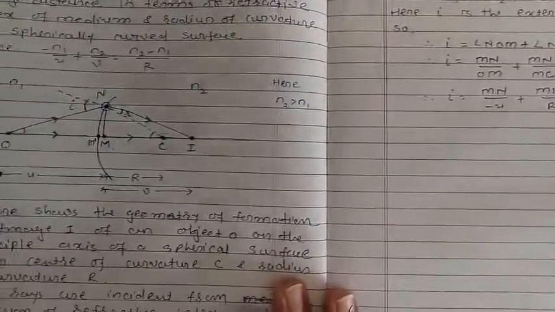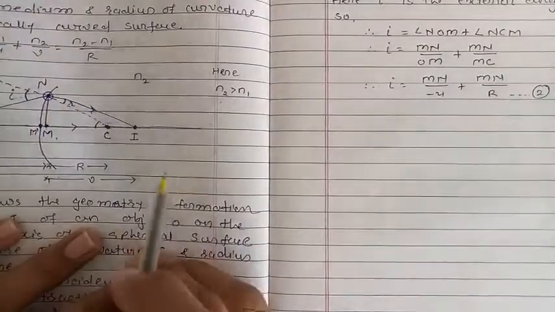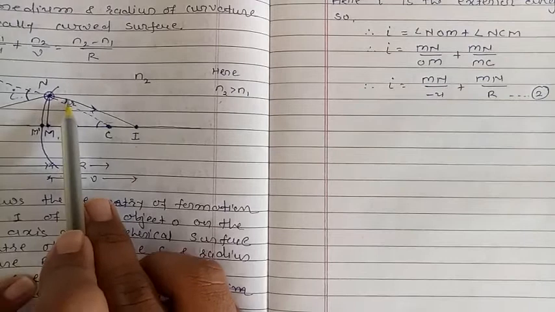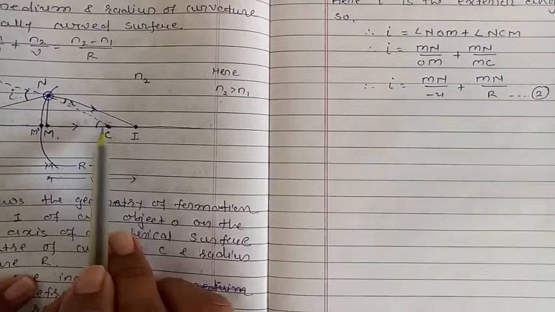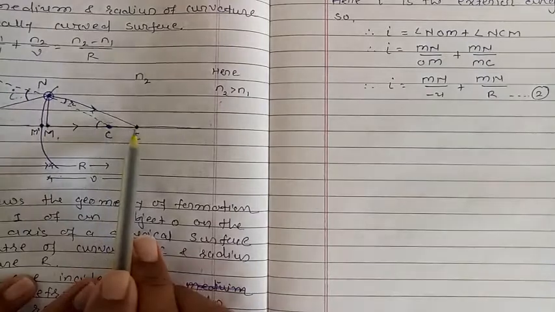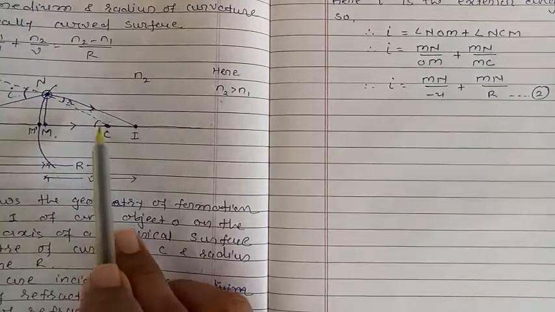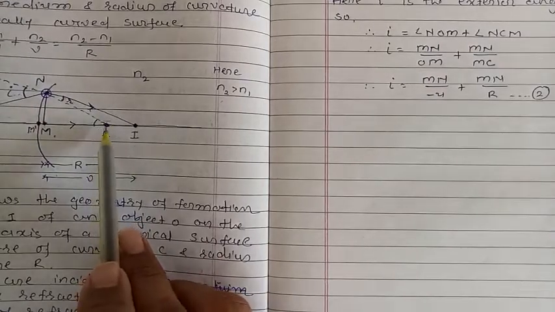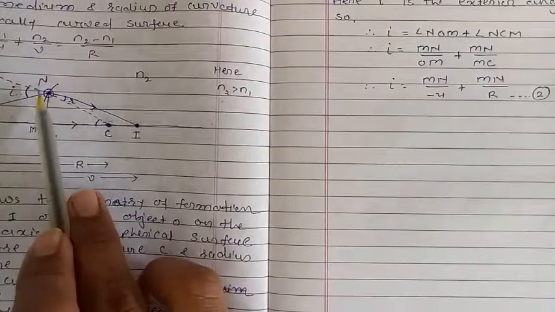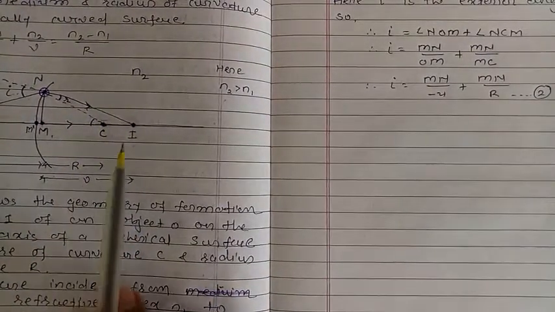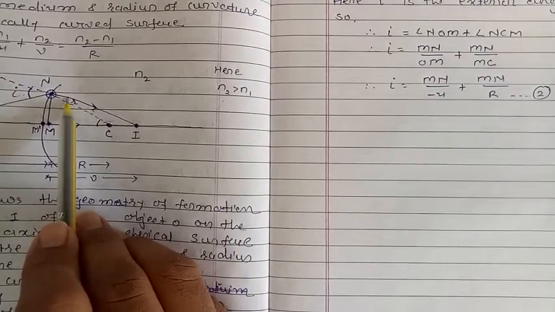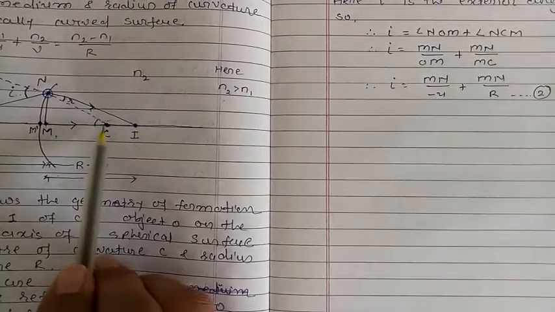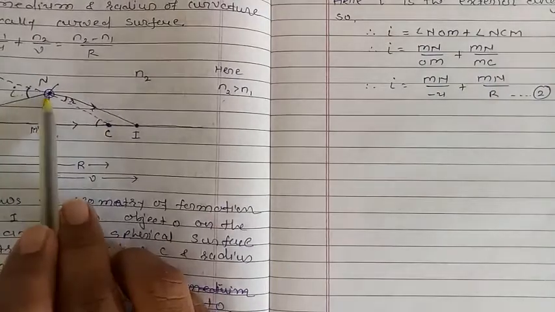So see this figure again. Here angle R. This angle is angle CNI, or you can say INC. Whatever you see, you can write angle CNI or INC. Now here the angle R is angle CNI.